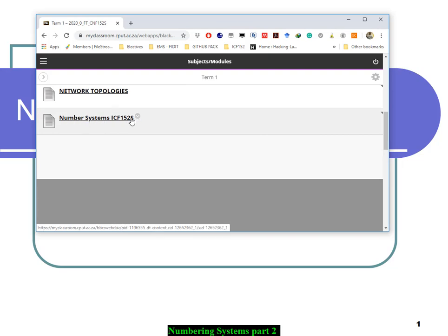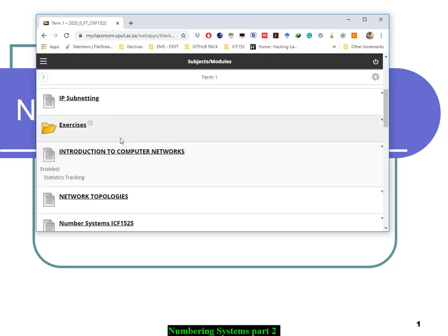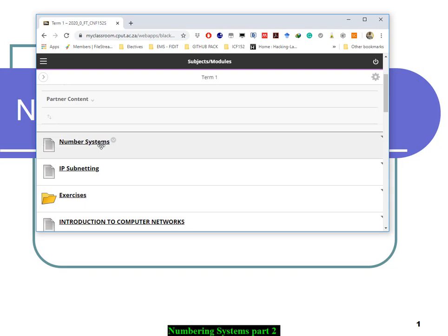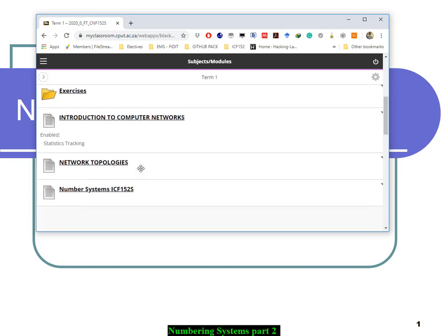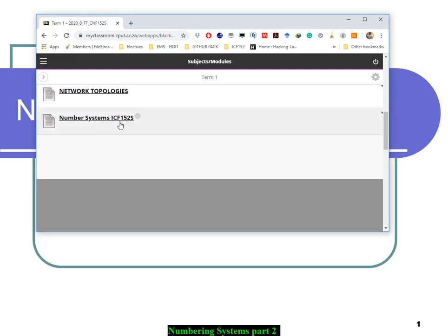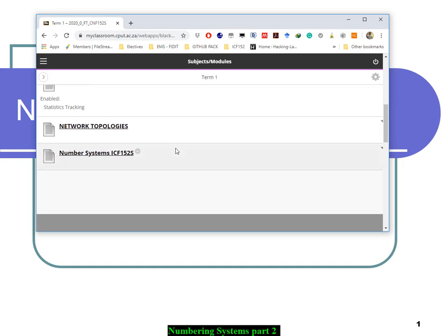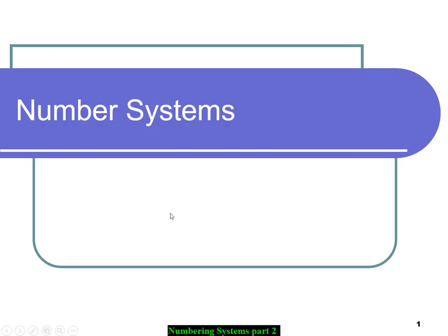So this is the slide that was added apart from the normal numbering system slide, which is more about IP addressing. This one is more to make you understand how hexadecimal conversion works with regard to numbering systems.